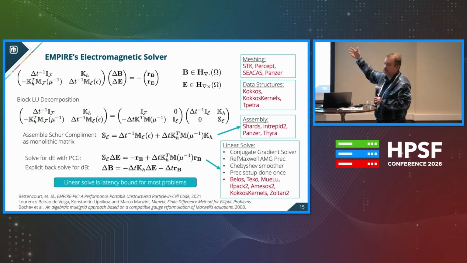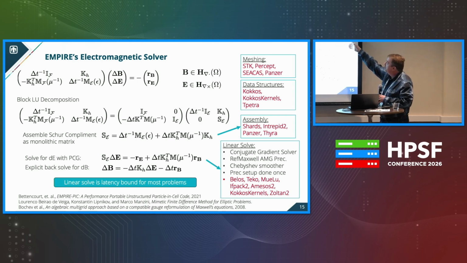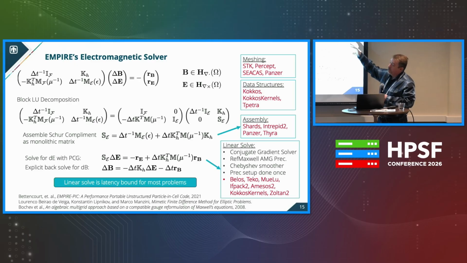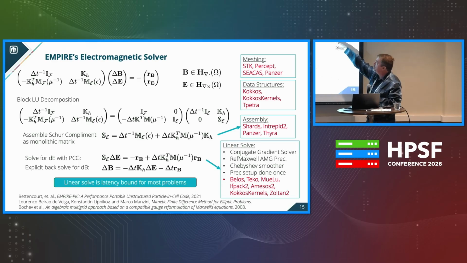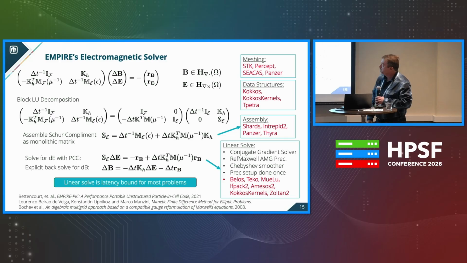We wrap the Kokkos data structures in Tpetra. In terms of finite element assembly, we use the DOF manager out of Panzer. We have the Thyra abstractions to form this block system. We used to solve it with Teko, but now we found a simpler approach. We didn't actually need the block system. And then we use Intrepid2 for the bases.